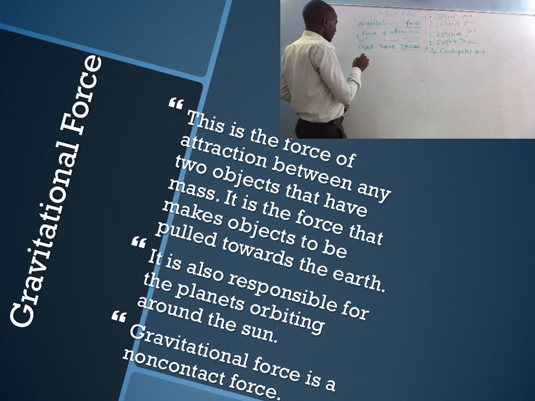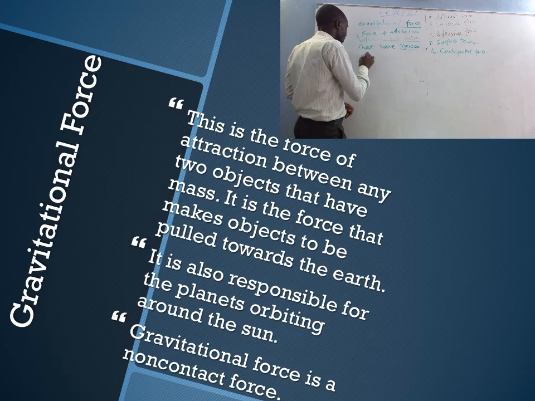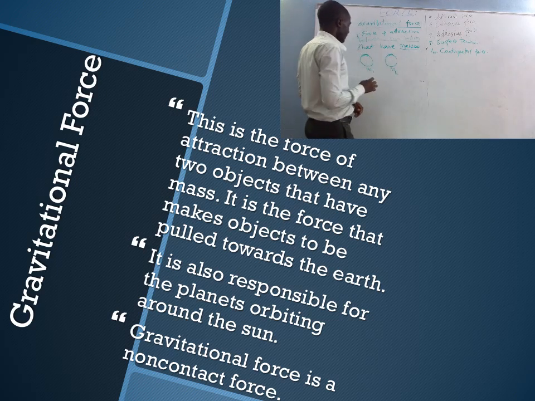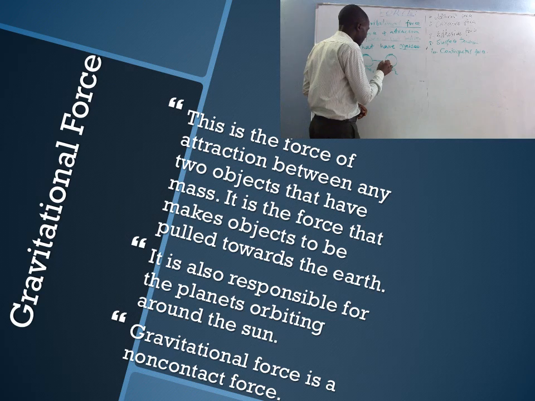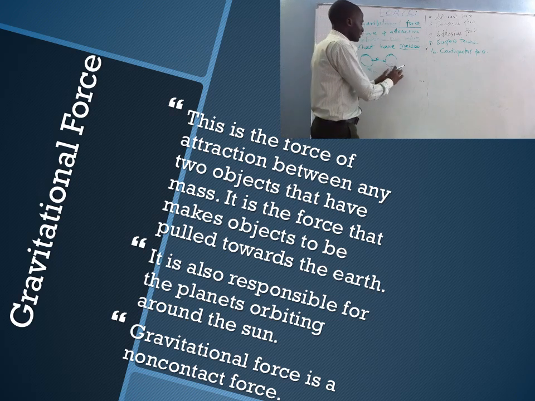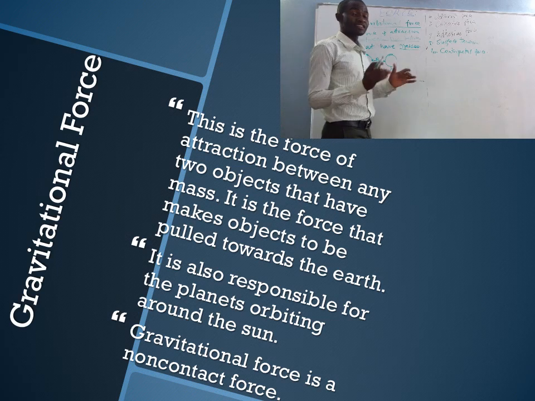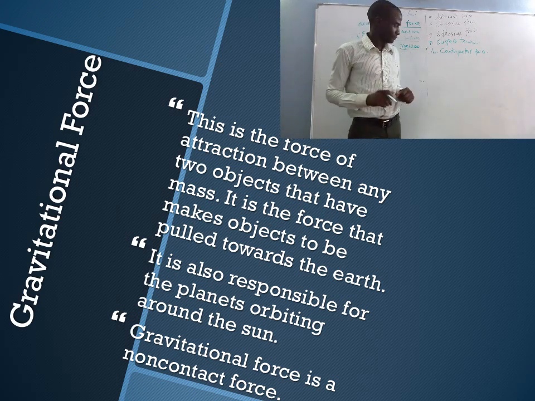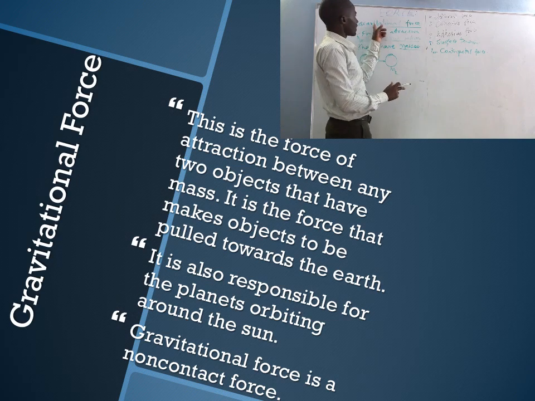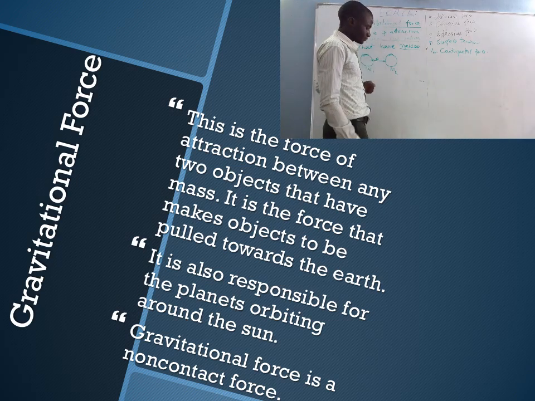For instance, if a body M1 and another body M2 are separated by a distance r, then these two bodies experience some attraction between them, whereby this force of attraction that exists between M1 and M2 is what we are referring to as the gravitational force.